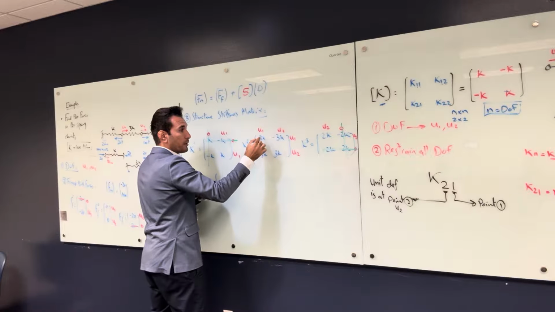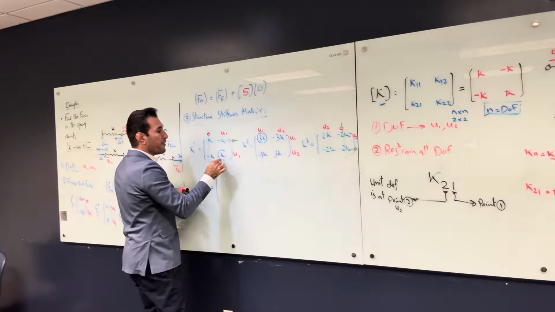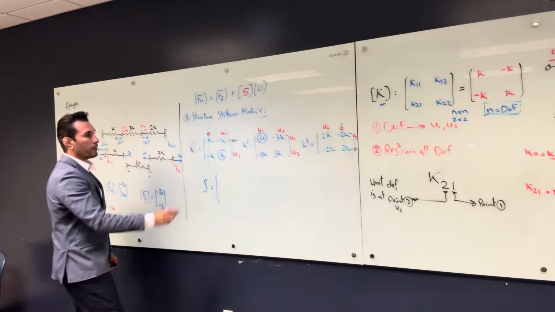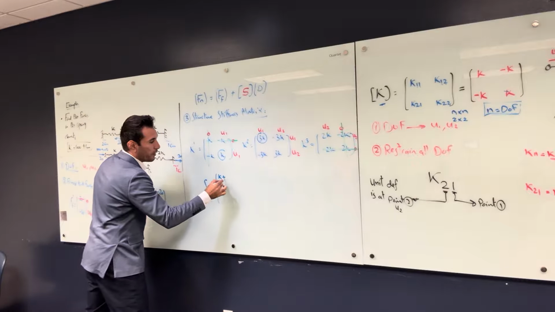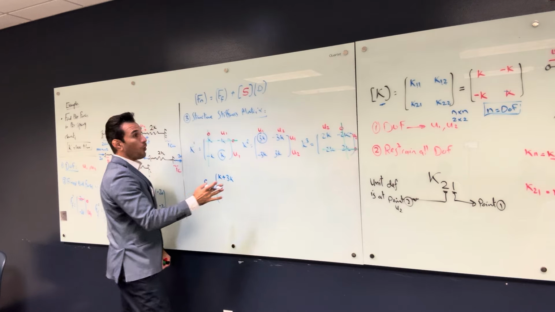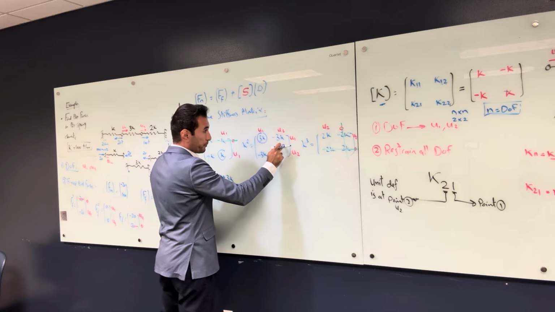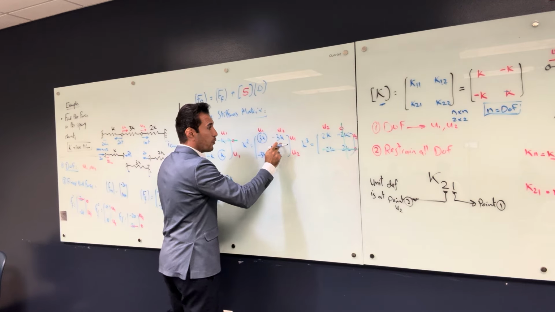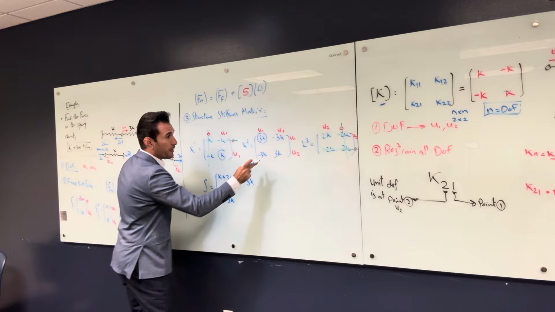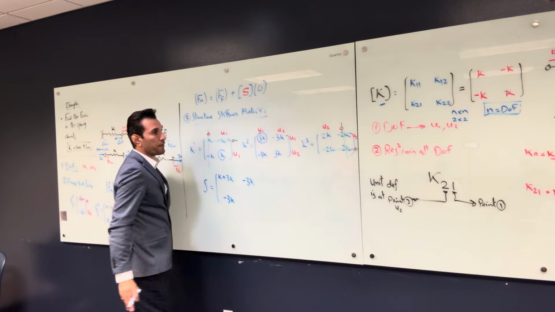They are all U1. So I'm going to have here K plus 3K. How about U12? U12 is going to be this one, and it's alone because there's nothing that we can add it with. So negative 3K, and you are going to have the same thing here, U21, negative 3K.